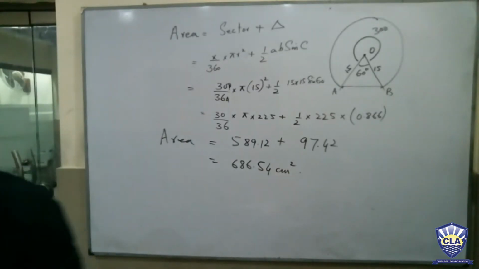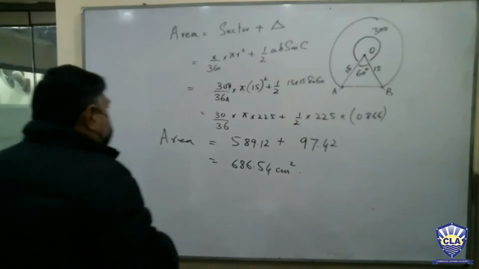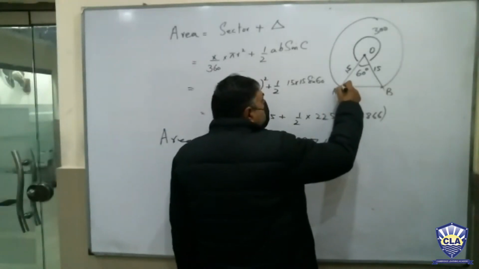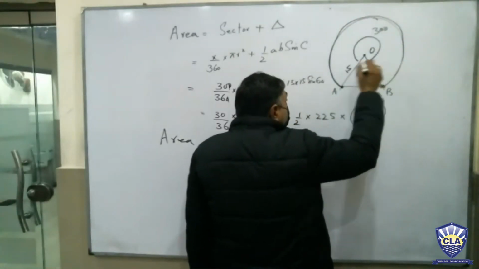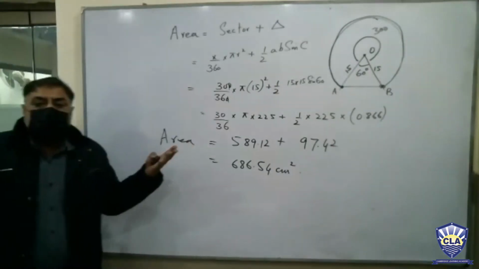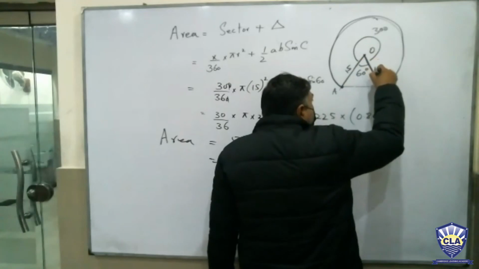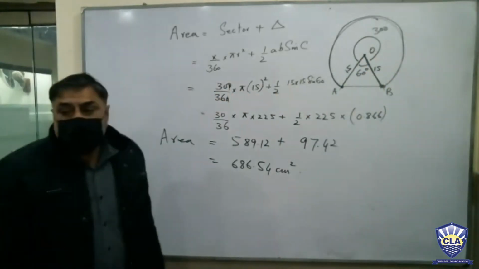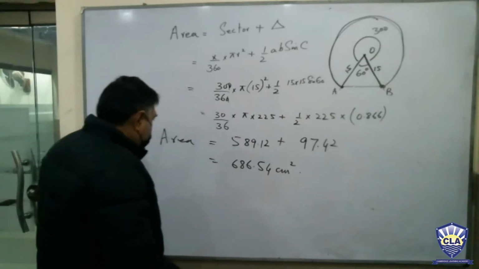The perimeter of major segment. Only the perimeter of the major segment, not the shape. So perimeter is from this side, 15 plus 15 plus length of arc.